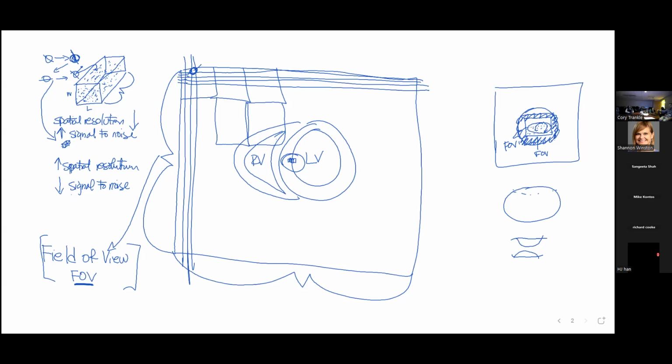Now what is that called? Your matrix, okay? Your matrix. So it's how many lines you are going to fit within the field of view. And this is your matrix size.